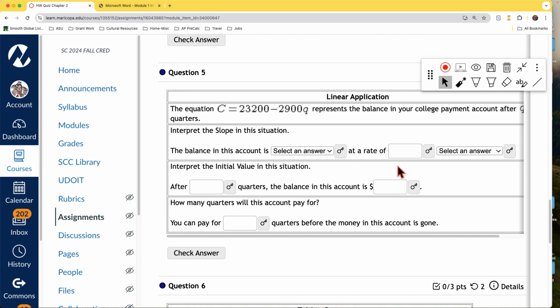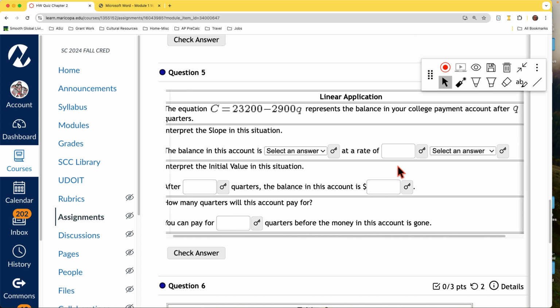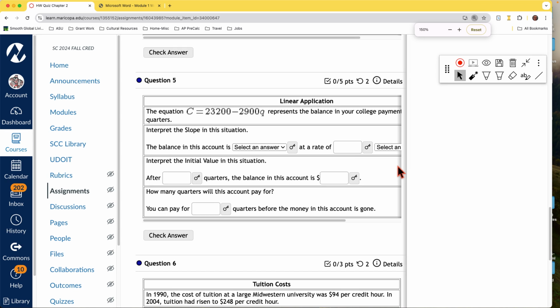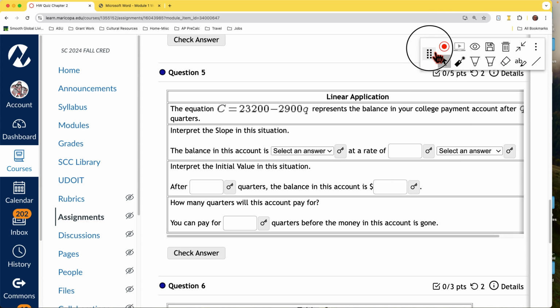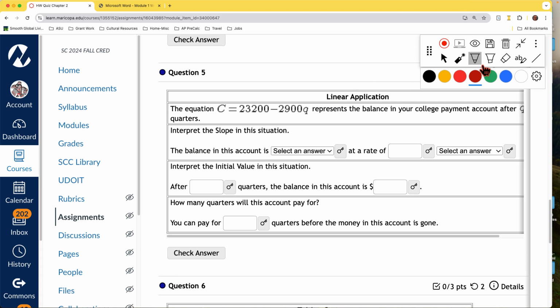Okay, so this one's going to be an application problem. And before I go reading through this, I see I've got a linear equation.